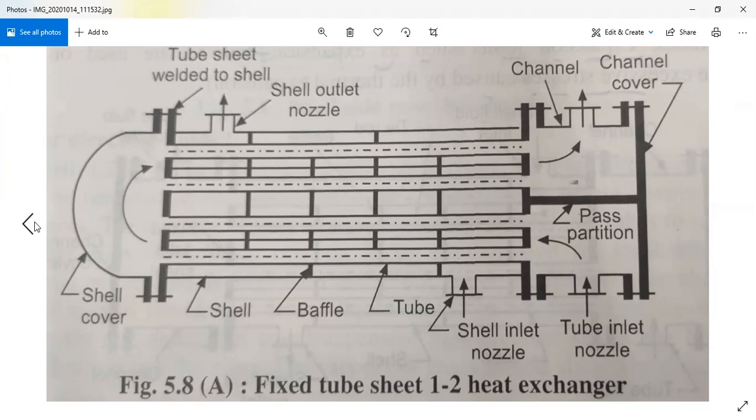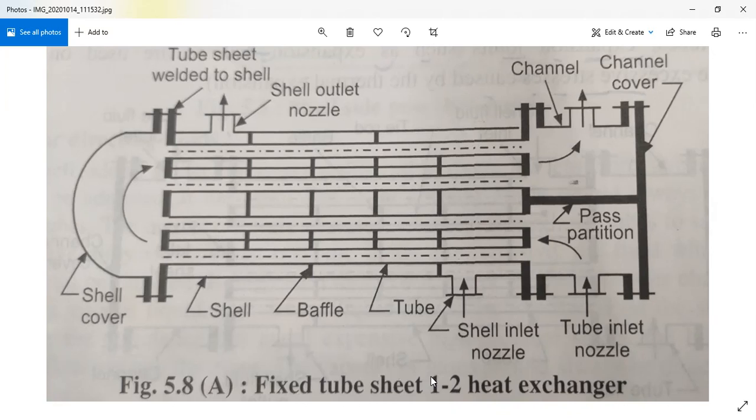So there are different types of shell and tube heat exchanger, and this is one of the types. We know the construction part, we know the different parts of the shell and tube heat exchanger, we know how it works for exchanging heat between the two fluids, that is one is hot fluid and another is cold fluid.